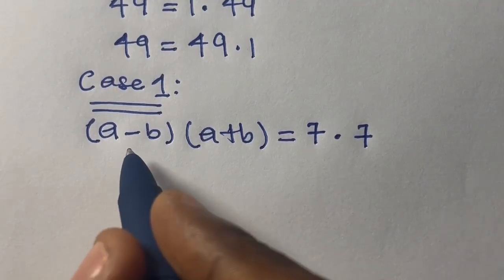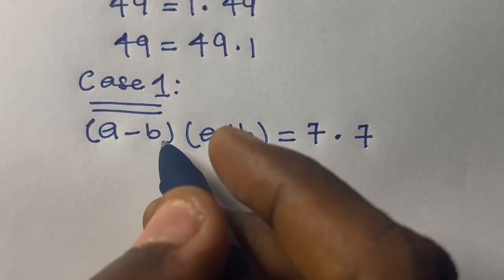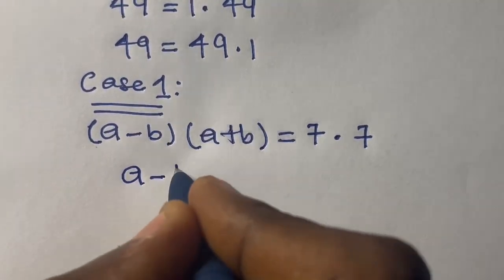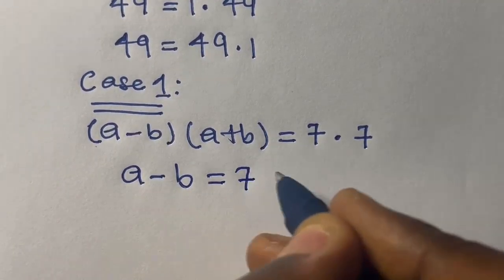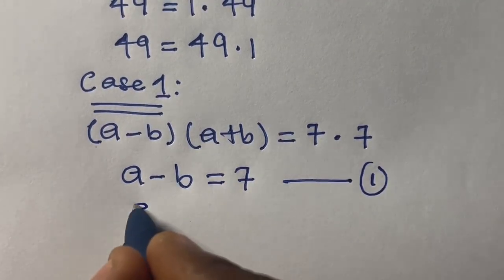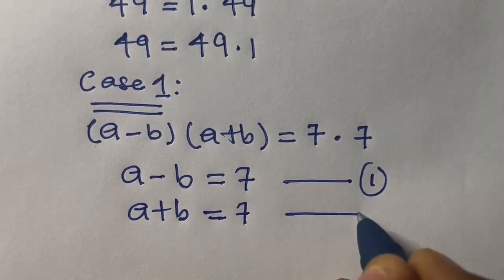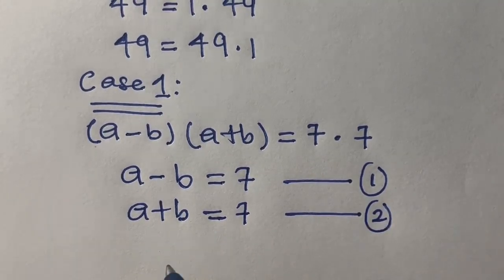What this means is that this equals this and this equals this. So we have a minus b equals 7, number this as our equation 1. Then we have a plus b also equals 7, number this as equation 2.